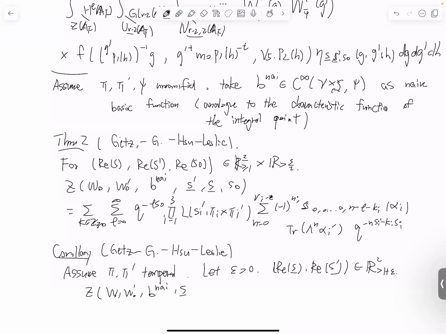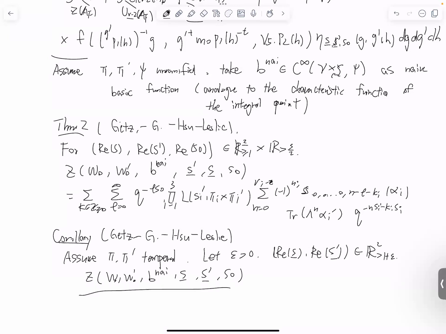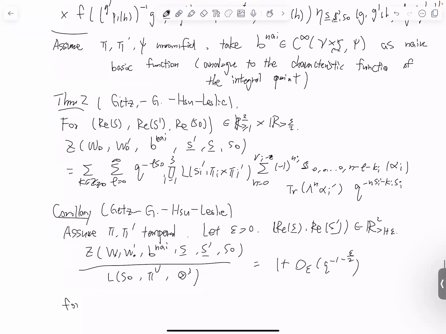Okay, S prime S naught divided by the triple L function we want, parameterized by S naught, pi 2 tensor 3 is equal to 1 plus some old terms of -1 minus epsilon divided by 2 for the real part of S naught greater than 1/2 plus epsilon.